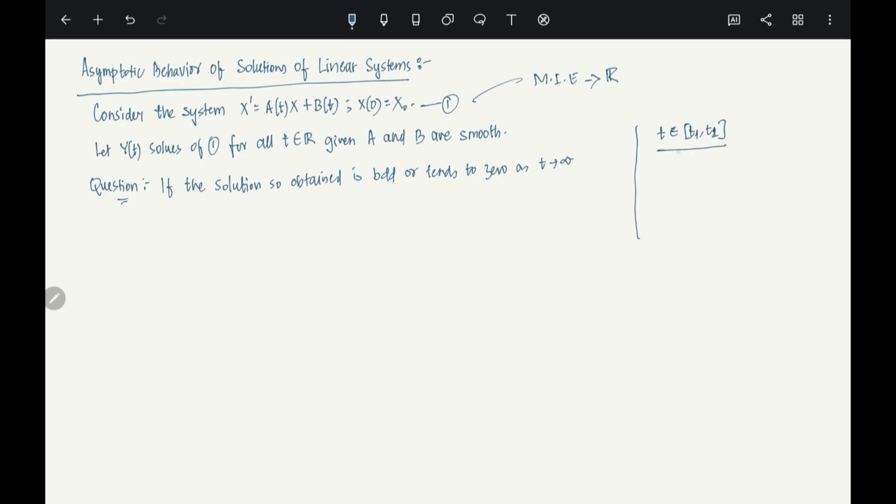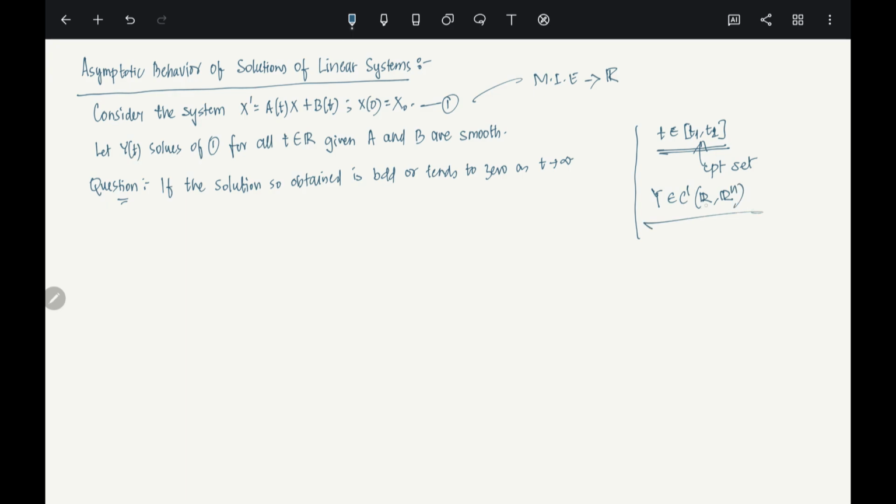If you fix t between t1 and t2, this is a compact set. Let y solve 1, so y is a C1 function from R to R^n. It's a smooth curve.